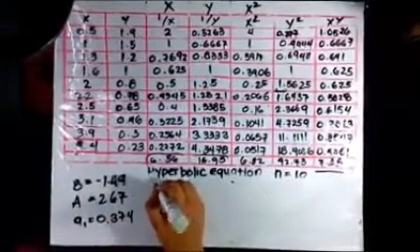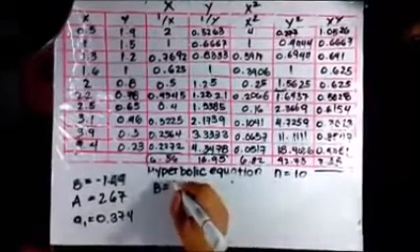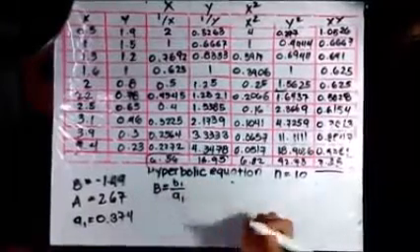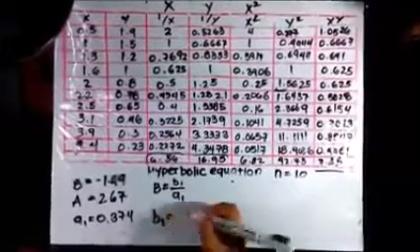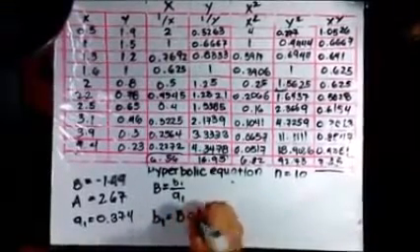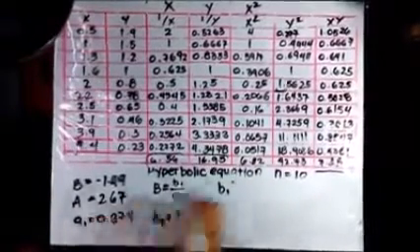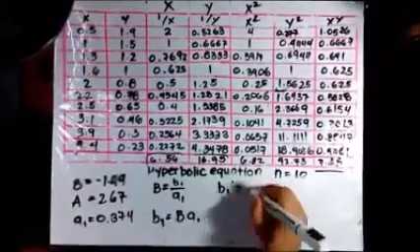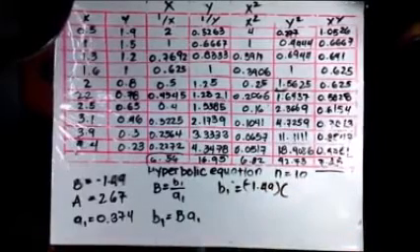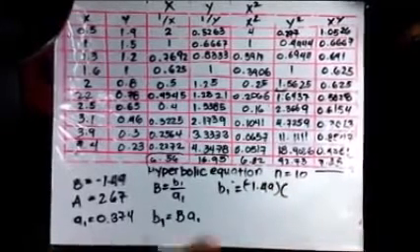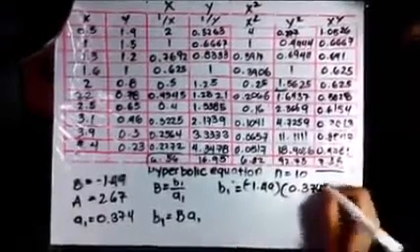Then for the value of b sub 1, from the equivalency formula, we have b is equal to b sub 1 over a sub 1. Then manipulating the given formula, we can get b sub 1. b sub 1 is equal to b times a sub 1. Then substituting the given values of a sub 1 and b, we can get b sub 1 is equal to negative 1.49 times the value of a sub 1, which is 0.374.